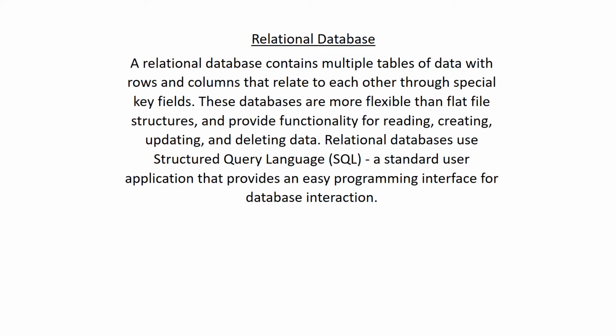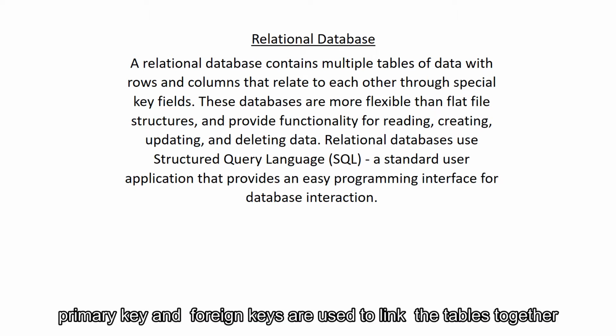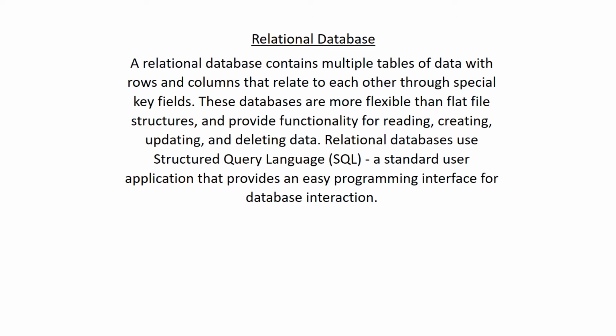Relational database. A relational database contains multiple tables of data with rows and columns that relate to each other through special key fields. These databases are more complex than flat file structures and provide functionality for reading, creating, updating, and deleting data.